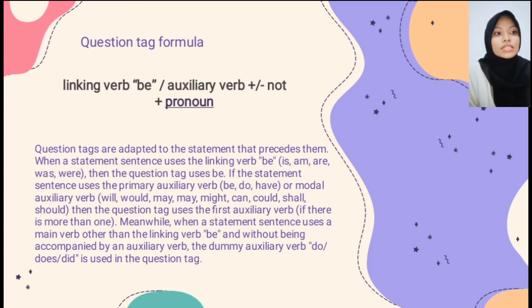Meanwhile, when a statement uses a main verb other than the linking verb be and is not accompanied by an auxiliary verb, the dummy auxiliary verb do, does, did is used in the question tag.